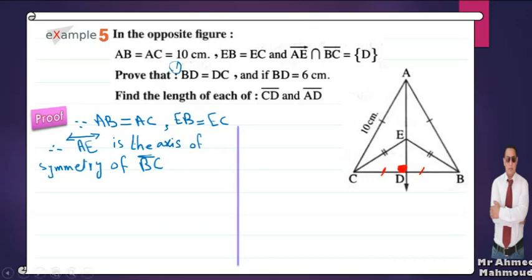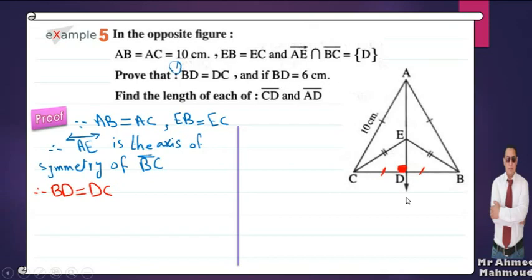Okay, now the second requirement. BD equals 6 centimeters. Therefore, of course, I forgot to write this, BD equals DC.